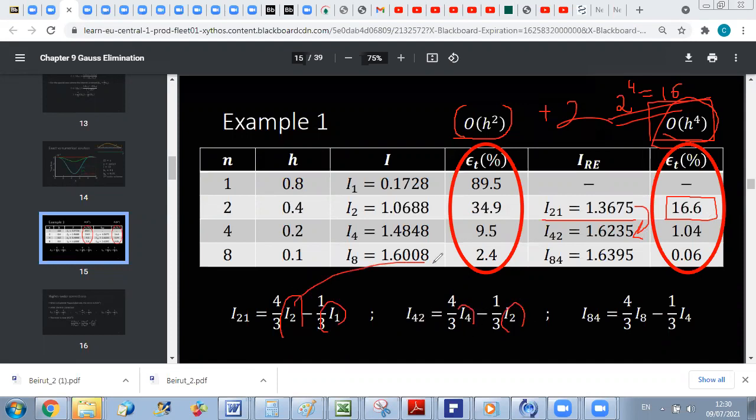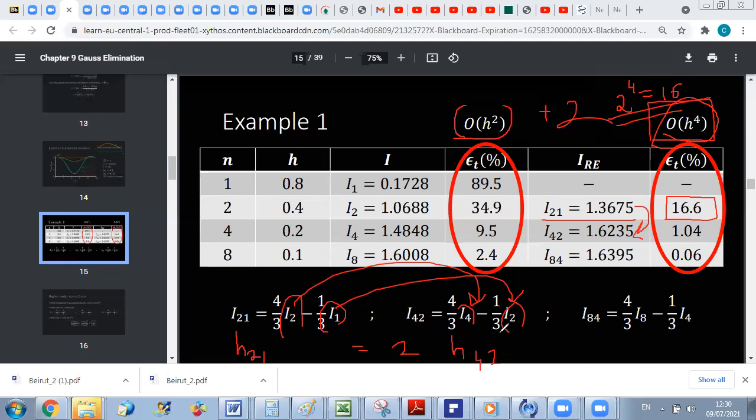To go from I2 to I4 you divide the step by 2, and by going from I1 to I2, you divide the step by 2. This is why we say that we can define a virtual h. So the virtual step in I21 will be equal to 2 times the virtual step of H42.